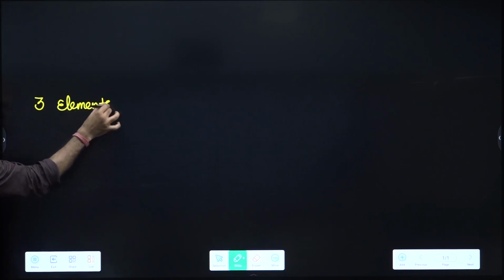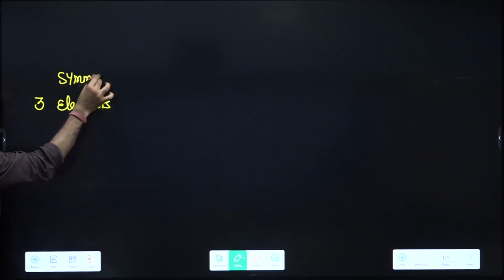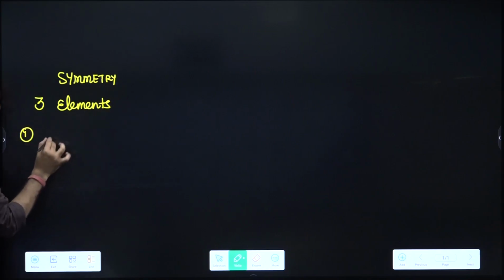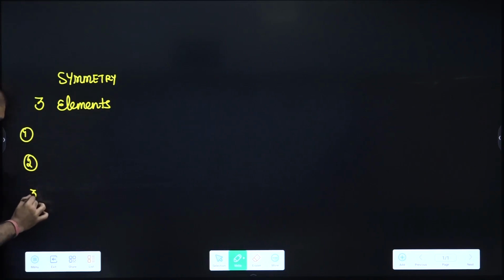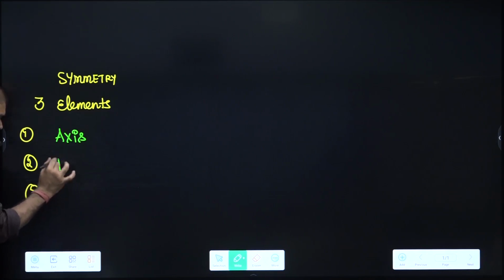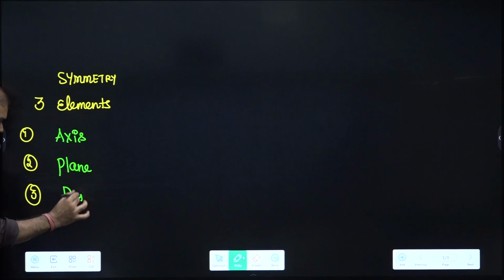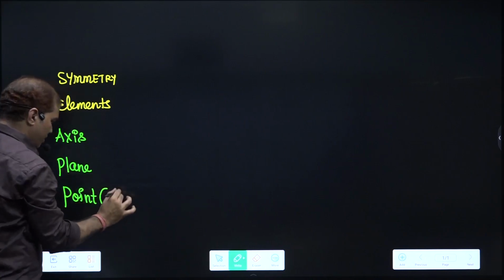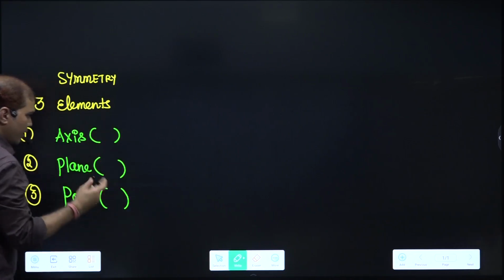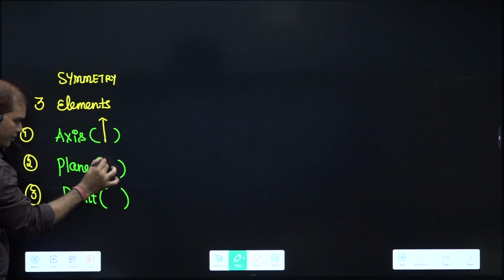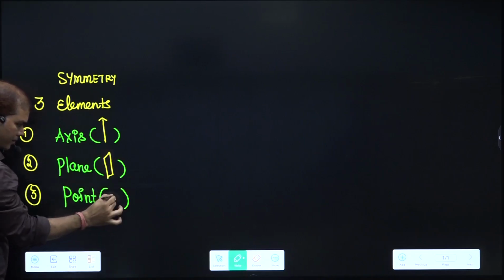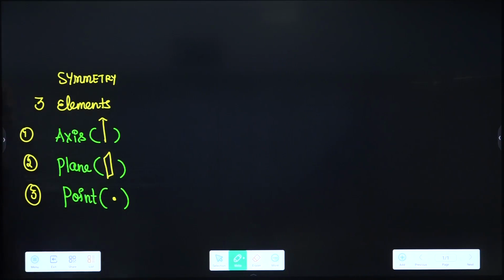To understand the symmetry of any molecule, there are three primary symmetry elements.